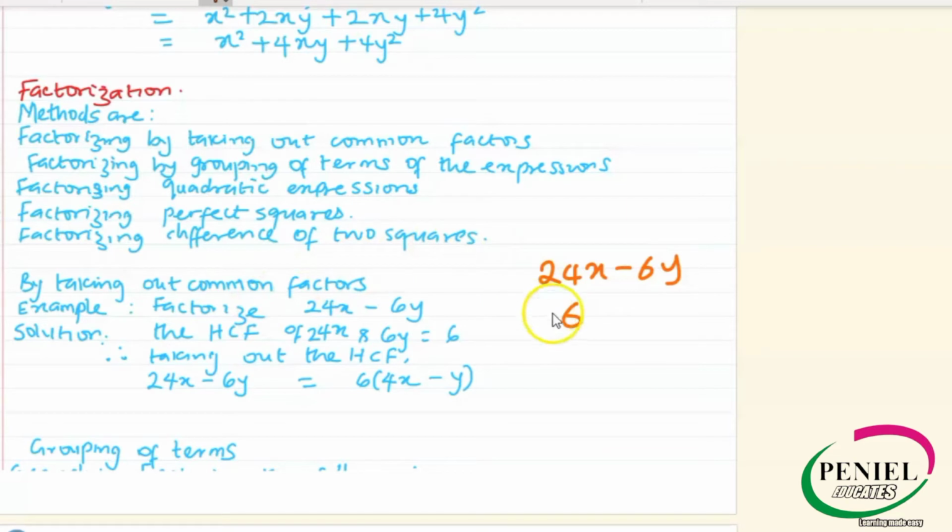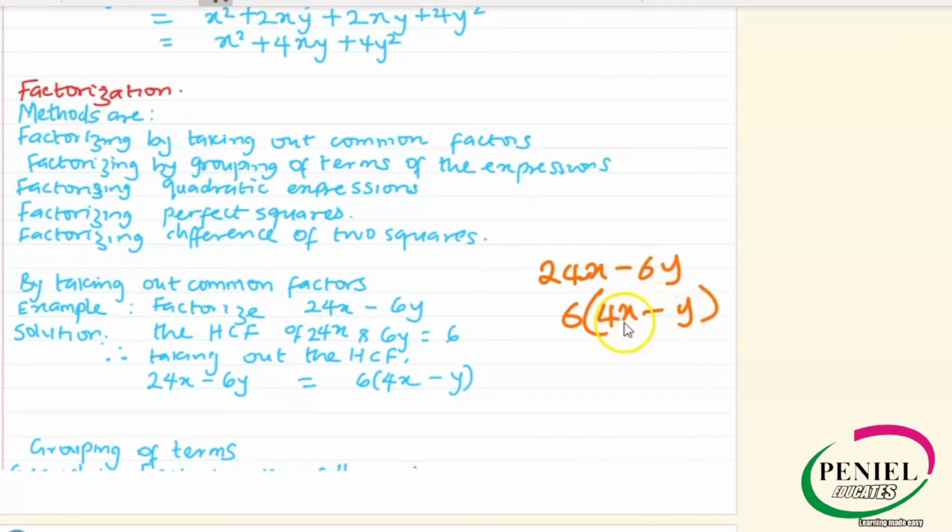That's the highest number you can use to divide the two. So we'll take 6 out. Then 6 into 24x is going to give us 4x, and this one is going to give us minus y.